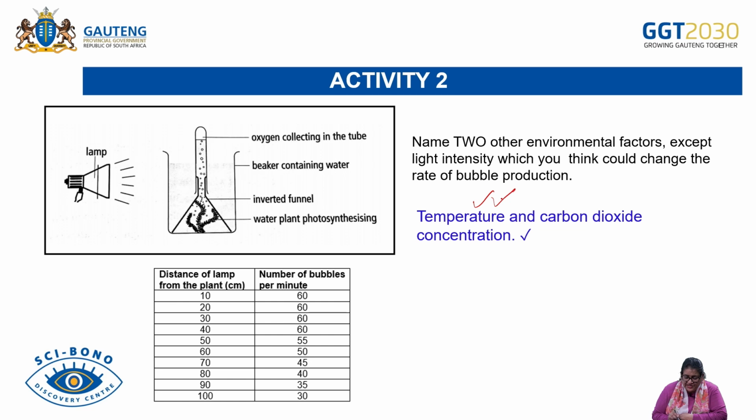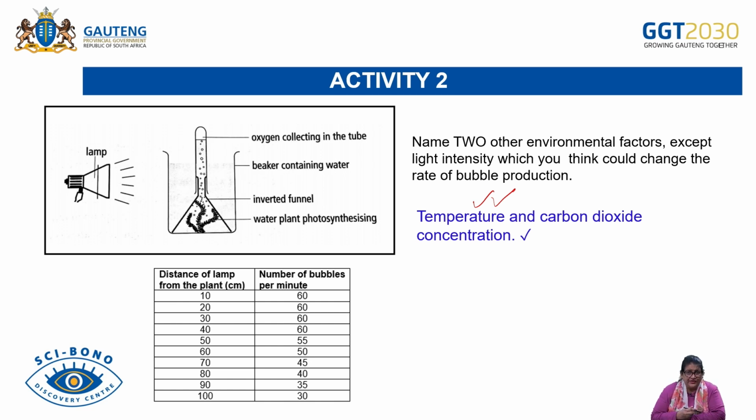Although temperature is the main one that affects the bubble production, because it is the temperature that causes the enzymes that control photosynthesis to function well at a suitable temperature, the optimum one at 25 degrees. So that's when you get optimum photosynthesis, the optimum number of oxygen bubbles, which was what? 60, right? And you can also say carbon dioxide because the full process of photosynthesis must occur. You need CO2 as well.